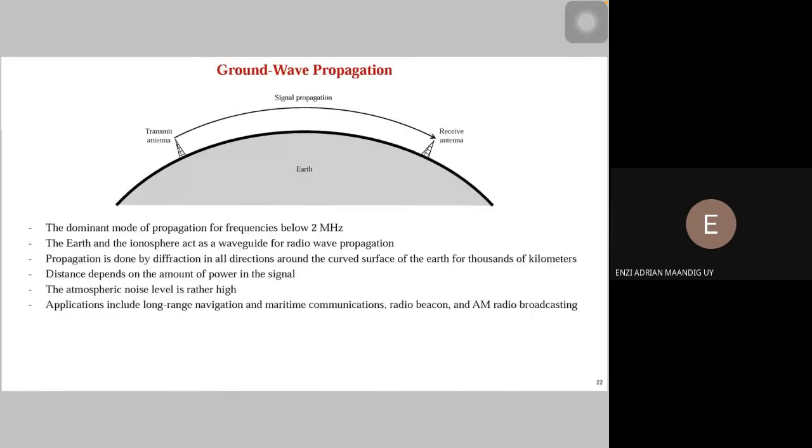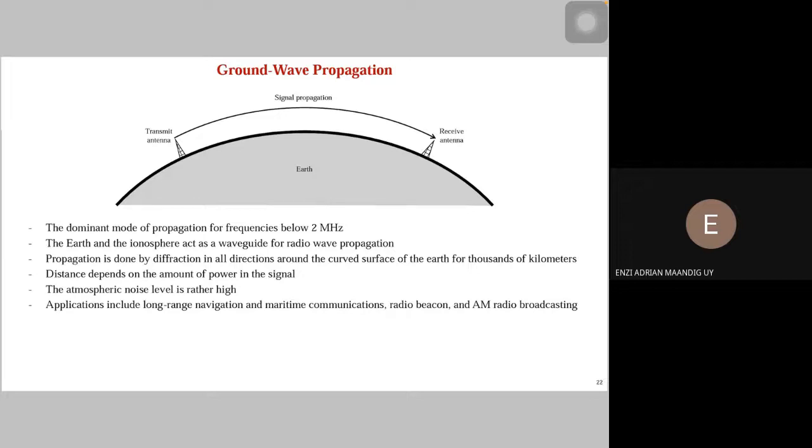Groundwave propagation uses the surface of the earth to propagate the electrical signal wirelessly. Okay? So somehow it spreads along the surface, the ground. It is not an underground cable.